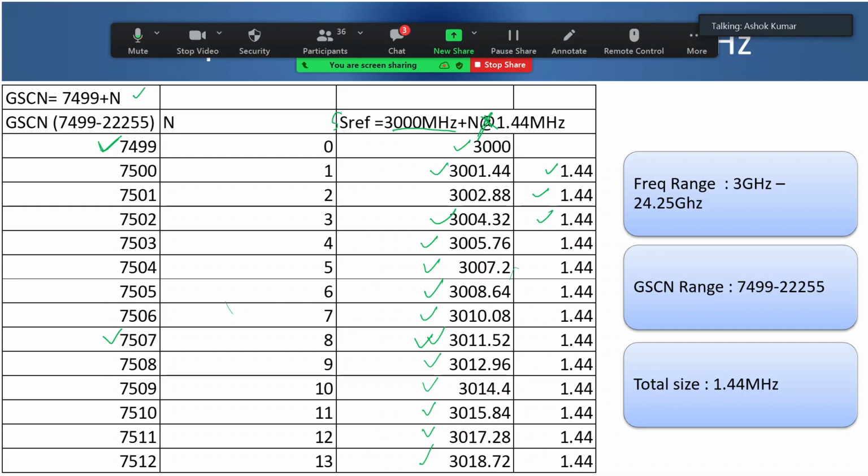It has to start at some point, so corresponding to that band it will start at a certain point. It knows the GSCN, and it will be able to calculate the starting point.